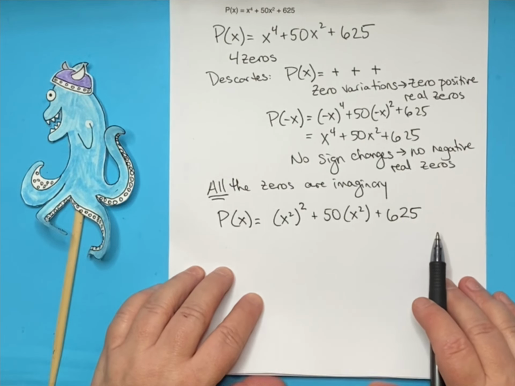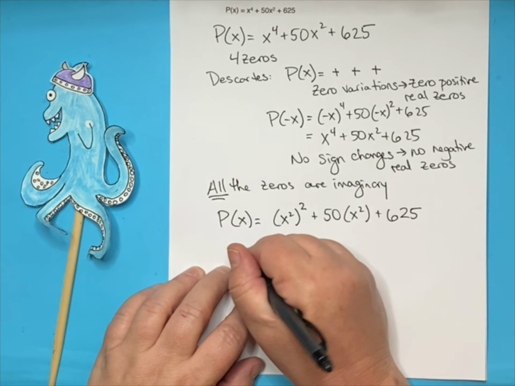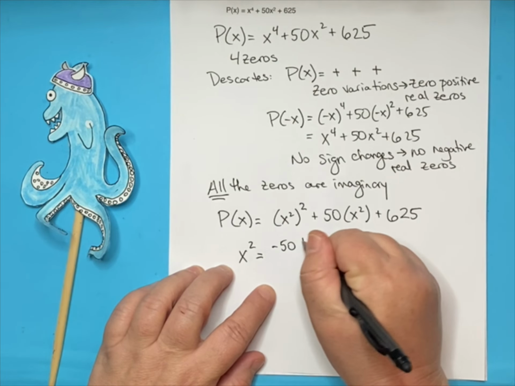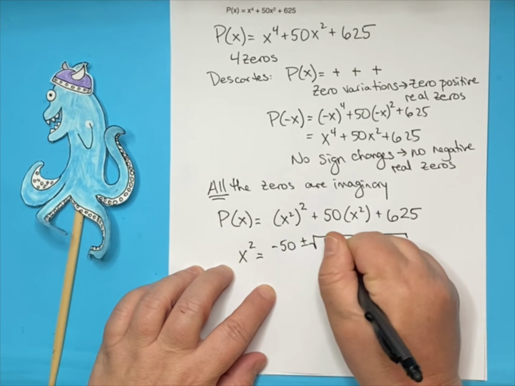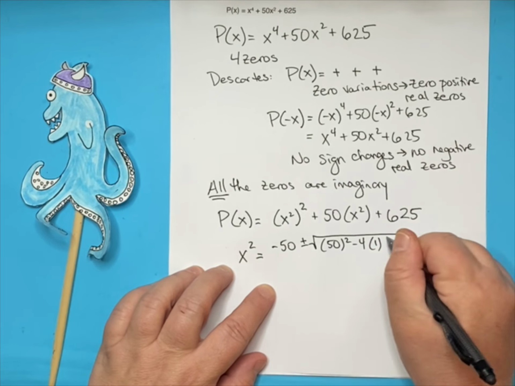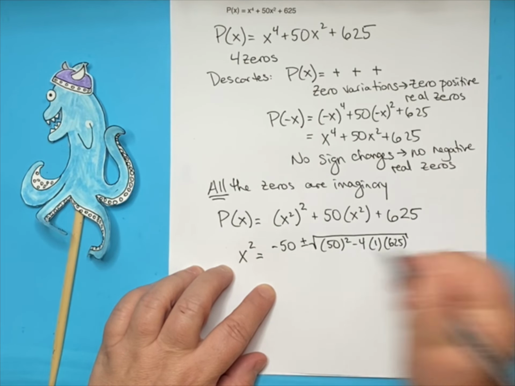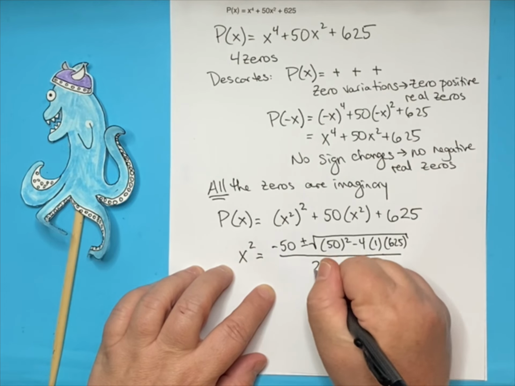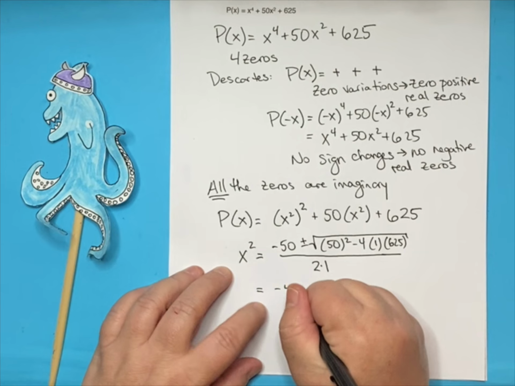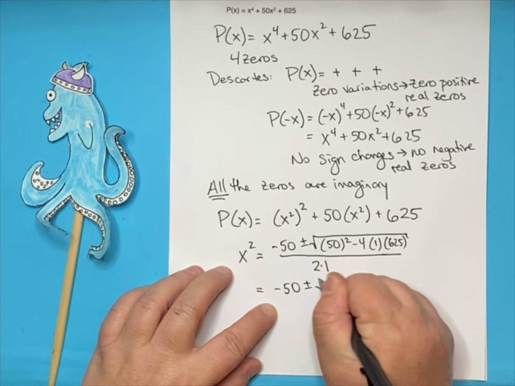And in doing that, we can say, okay, well then x squared equals the opposite of 50 plus or minus radical 50 squared minus 4 times 1 times 625 all over 2 times 1. Okay, so that's negative 50 plus or minus.